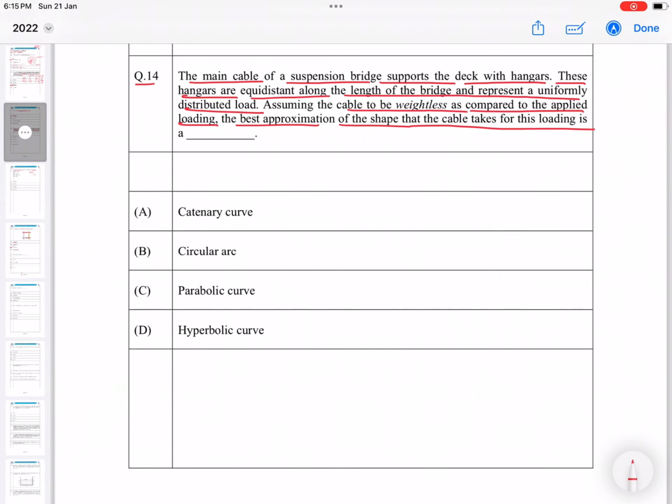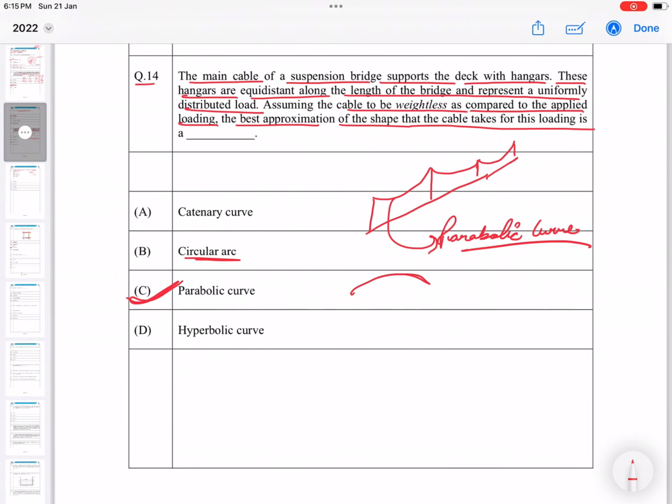I hope we know that if these are equidistant, the cable will take a shape like this, okay. And this is a parabolic curve. It cannot take a full circle, and not a hyperbolic, and not the catenary. It will take the parabolic curve, okay.